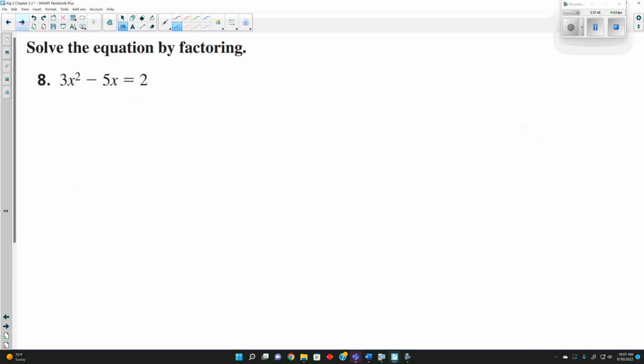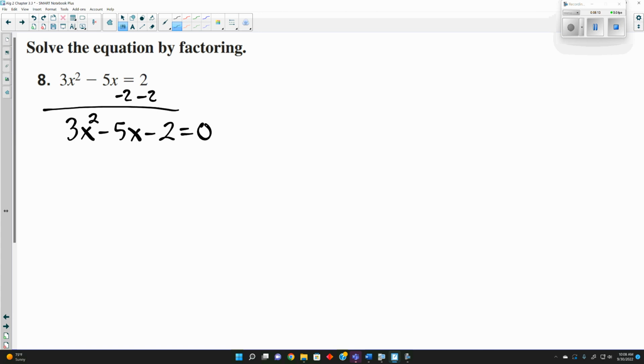So we just put it in the calculator and check if it's right. Here, the first thing we can do is subtract 2. So 3x squared minus 5x minus 2 is equal to 0. Now, if it had told us that we could solve this by any method, well, one method that works is graphing. We can graph it.